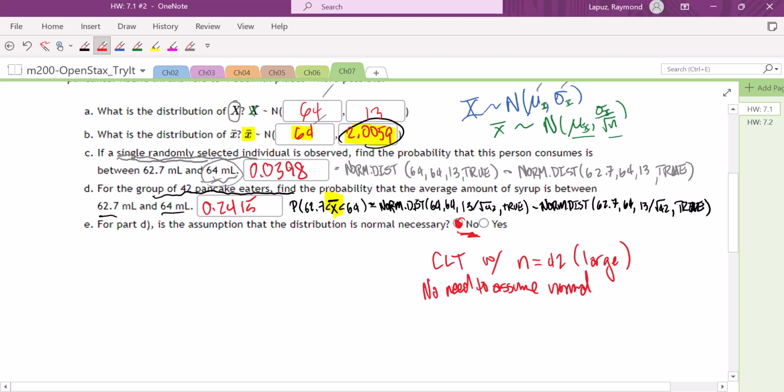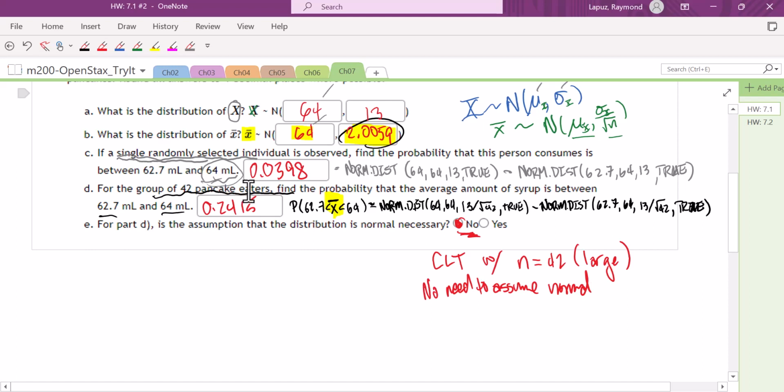Okay. All right. So we have our inputs here, and they're making a good point in the sense that we have the same numbers for your probability between 62.7 and 64.